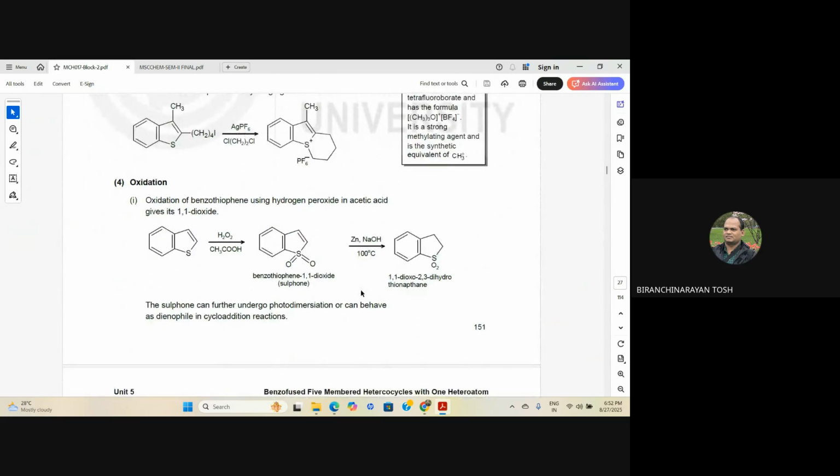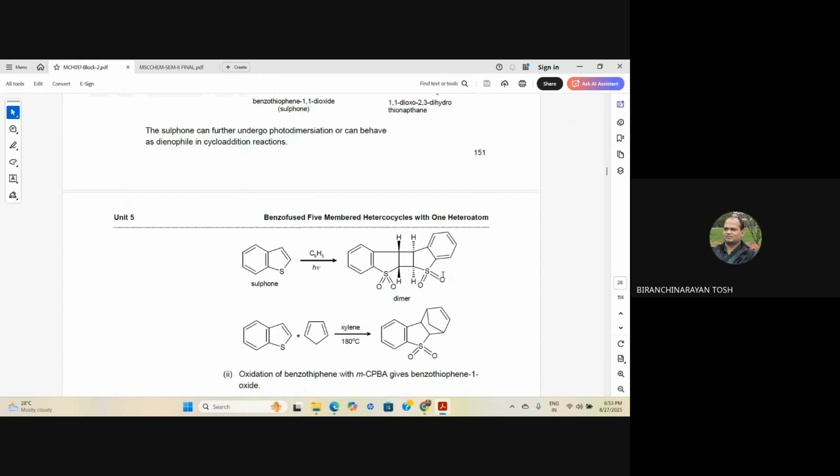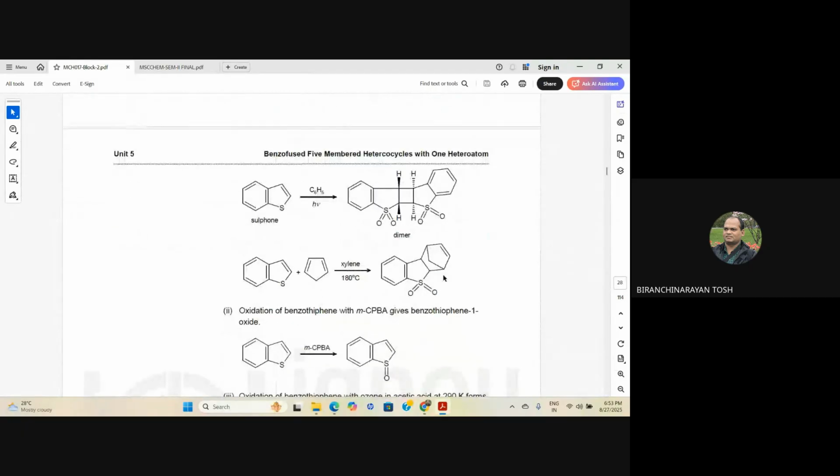Then oxidation: at sulfur there will be oxidation, so sulfoxide or sulfone will be formed. So benzothiophene 1,1-dioxide or sulfone will be formed, or 1,1-dioxo-2,3-dihydro. Upon reduction, it will be converted to thionaphthane.